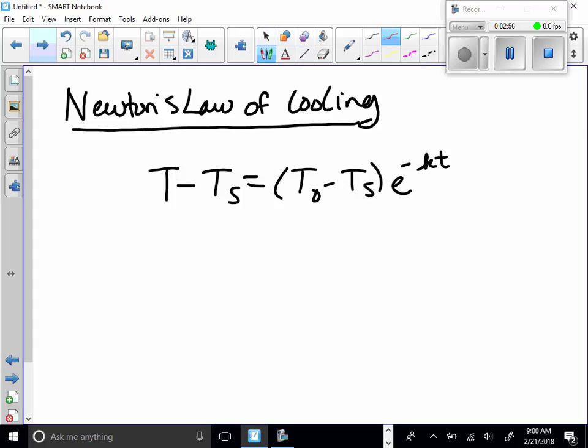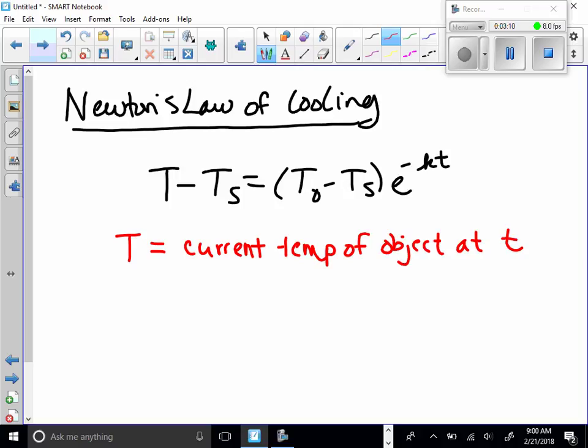And I'm sure that this is all written down in everybody's journal. But T is the current temp of our object at some time t. Ts is the temp of the surrounding medium.